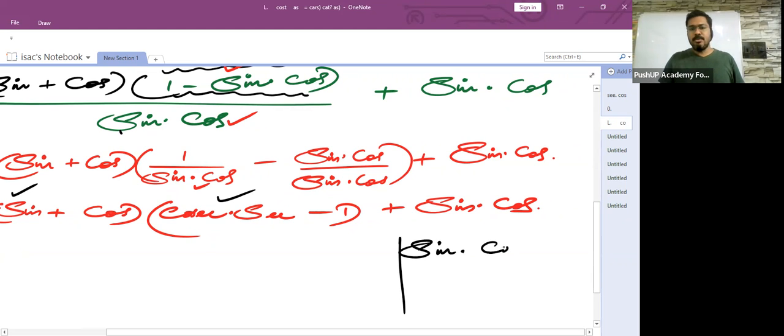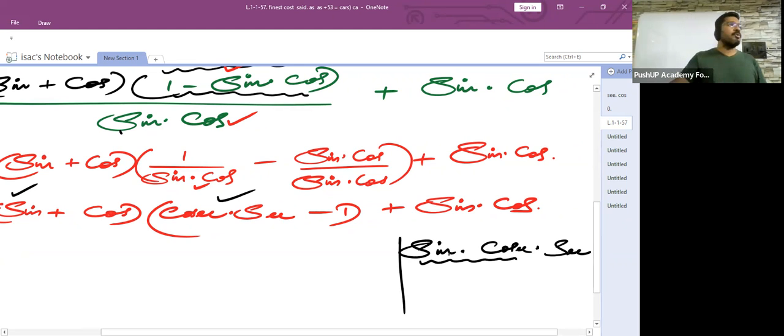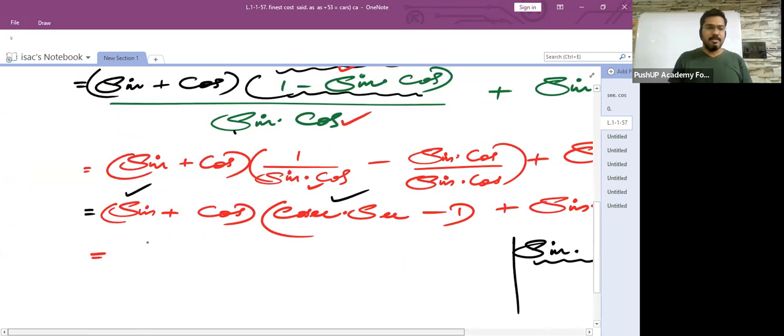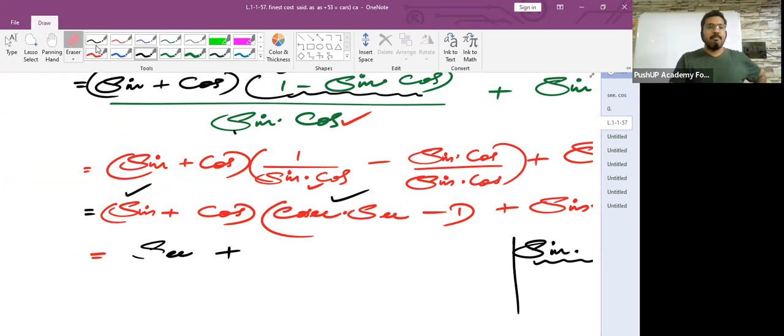So sine into cosec into sec. You know sine and cosec are reciprocal functions, and the product of two reciprocal functions is 1. So you get 1 into sec, that is equal to sec itself. Make sense? We are just giving it a try, children. I don't know whether we will get the answer. So you're getting sec. Put the plus sign. Sorry, sine is getting multiplied with minus 1, isn't it? So you get minus sine.